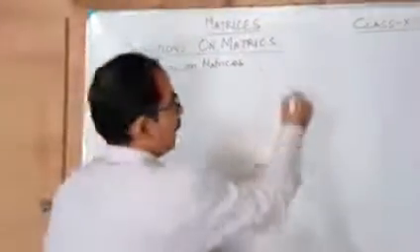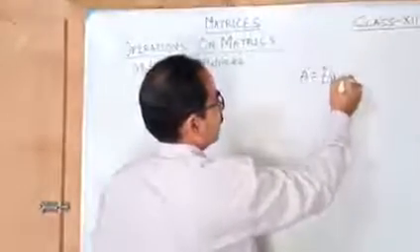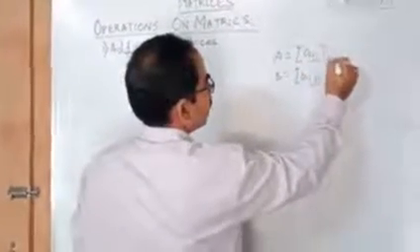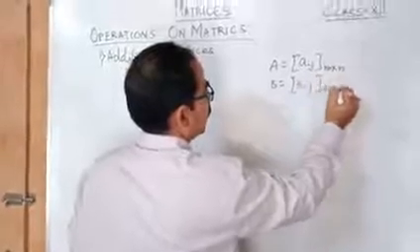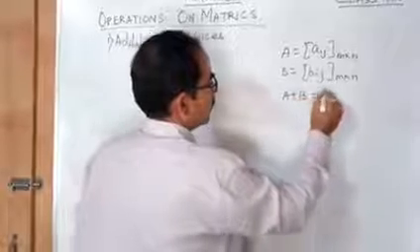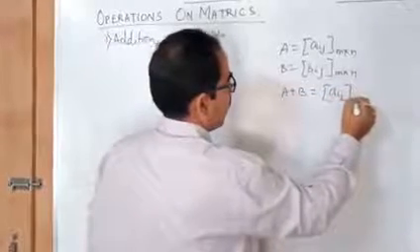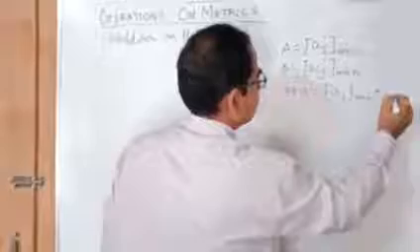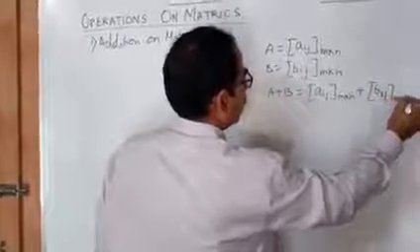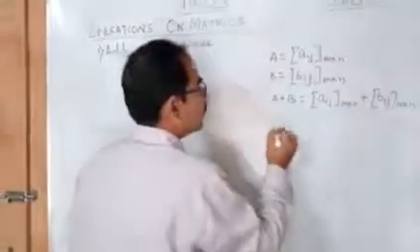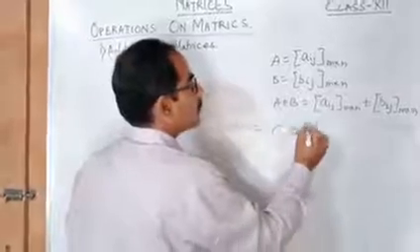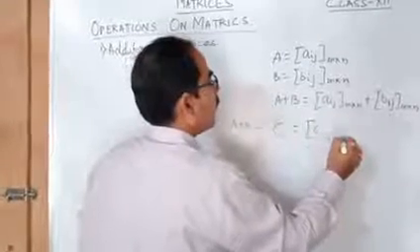Suppose A is a matrix Aij, and B is another matrix Bij, both of order m cross n. When we are doing matrix addition, A plus B means Aij of m cross n plus Bij of m cross n, and the resultant matrix will be, suppose, C. So A plus B equals C, and the resultant matrix C is of the same order.